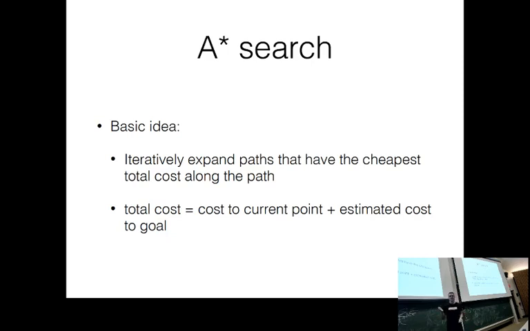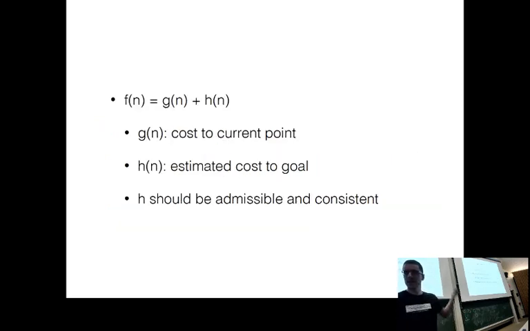To do this, you need to know the total target cost. So you maintain this by having a known cost to the current point and an estimated cost to the future point. More specifically, you have a heuristic: g of n is the cost of the current path, and h of n is the estimated cost to the goal.